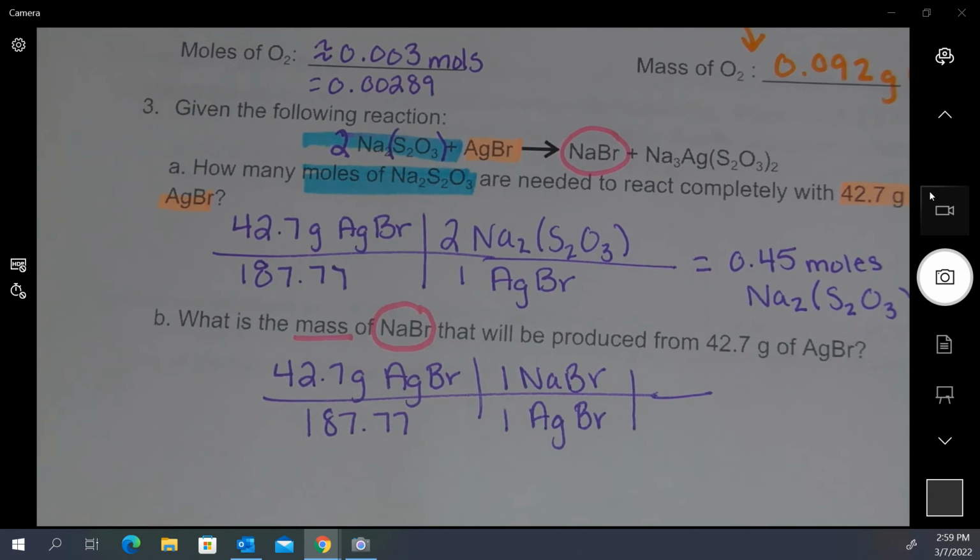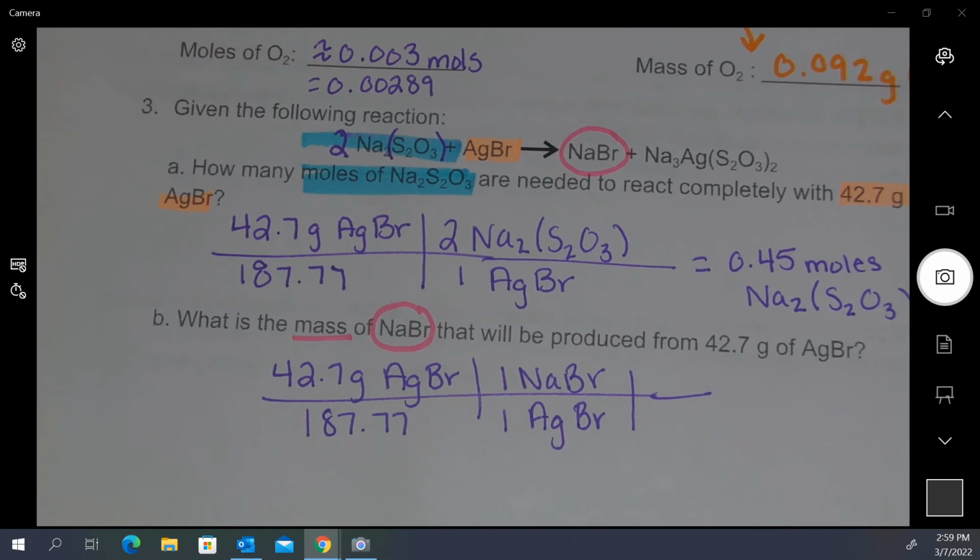Lastly, I need to multiply by the molar mass of NaBr, which is 102.89.